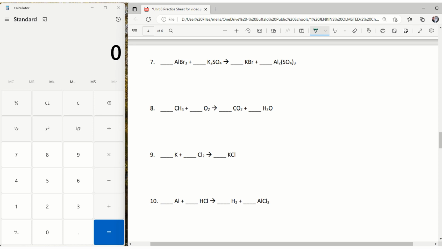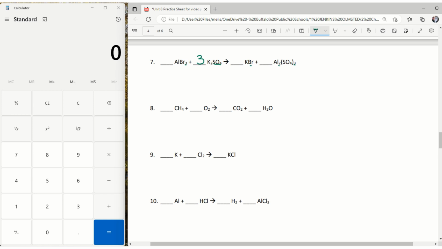So let's see. I have AL on this side, I have 2. On this side, I have 1. BR, I have 3 and 1. Okay, this SO4, I feel like this is where I want to start. First, this is the most complicated looking formula. And I have 3 SO4s over here. But on this side, I only have 1. So I'm going to make this be 3 SO4s on this side.